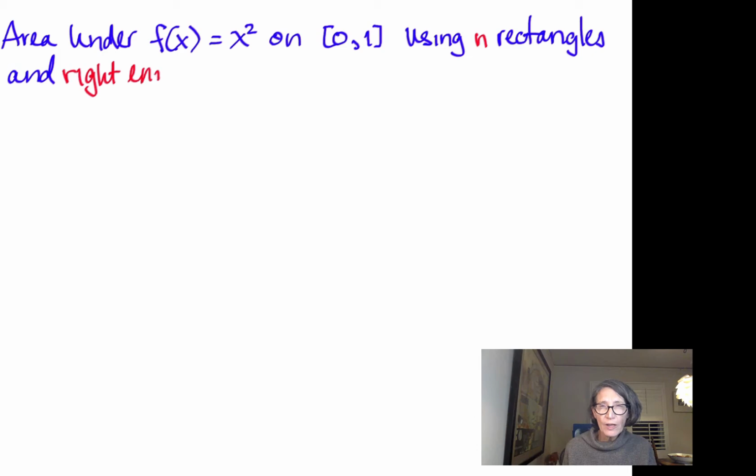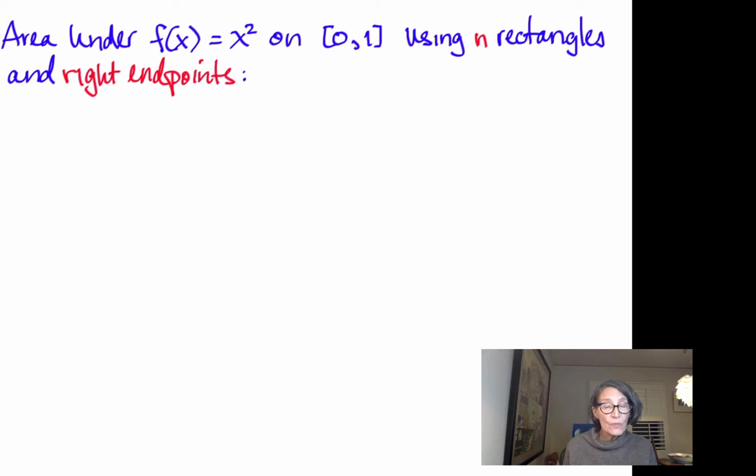So that means we're coming up with a formula, not an actual number. In class, we did the same region, but we used 4 rectangles and right endpoints, and we got a number, which was an approximation. Then we did it again using 4 rectangles and left endpoints. We got a different number, a different approximation. And then we did it a third time using 8 rectangles and right endpoints, and got a third number.